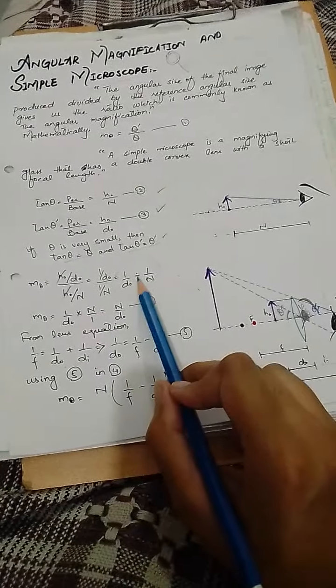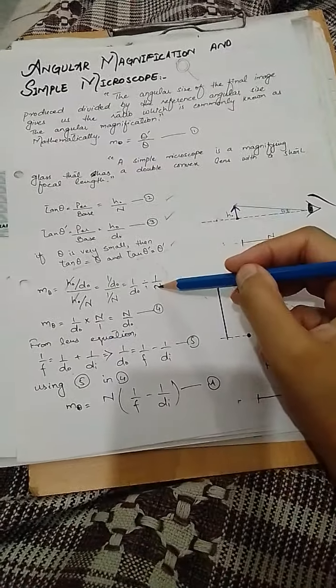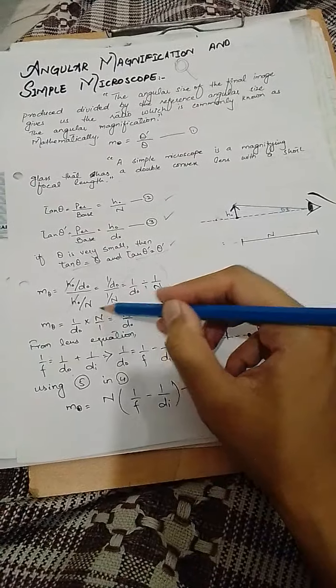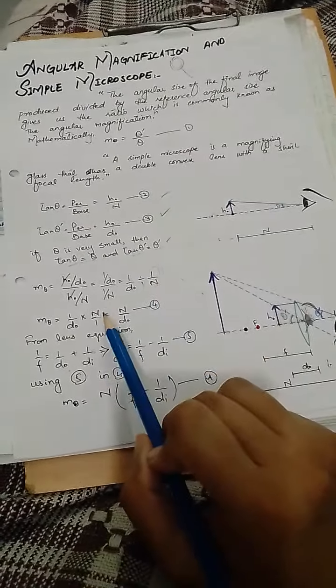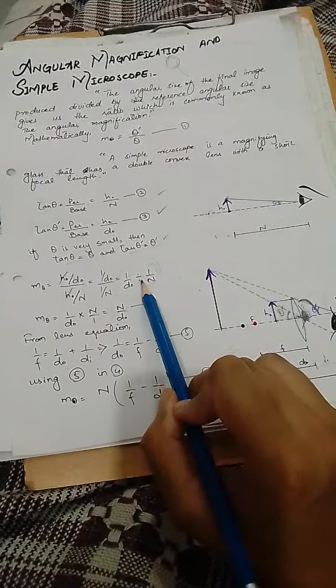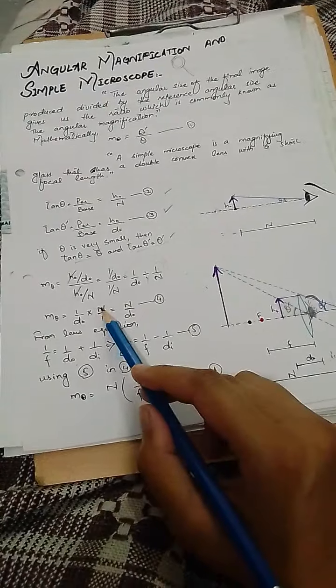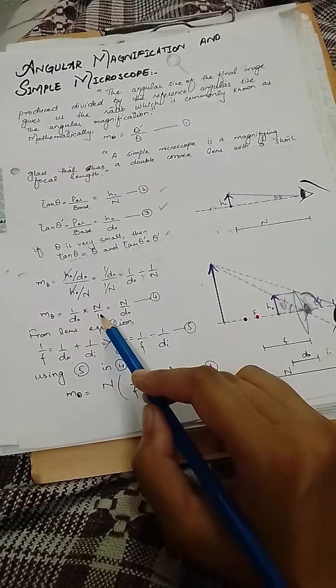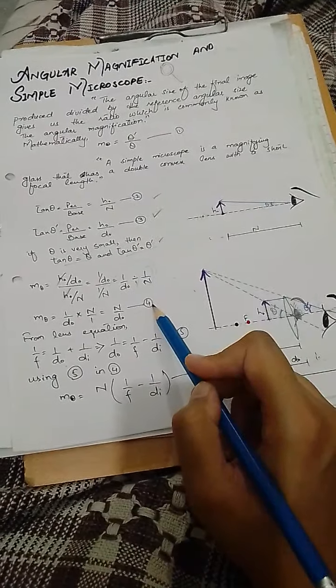Okay, so we're just gonna convert this divide into multiply by inverting this value. So 1 by n becomes n by 1, so divide becomes multiply, so it becomes n into 1 by d_o, which equals m theta. This is our fourth equation.